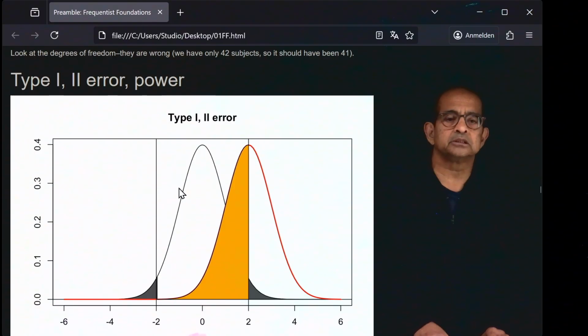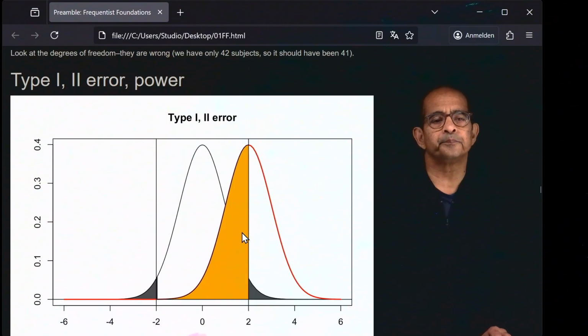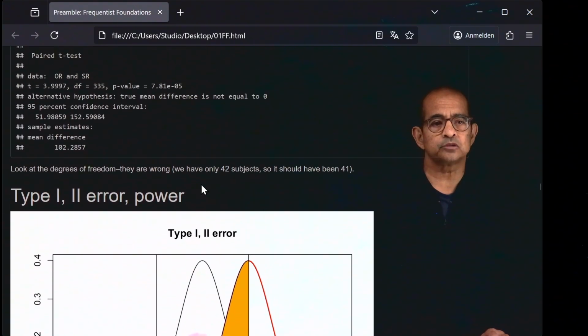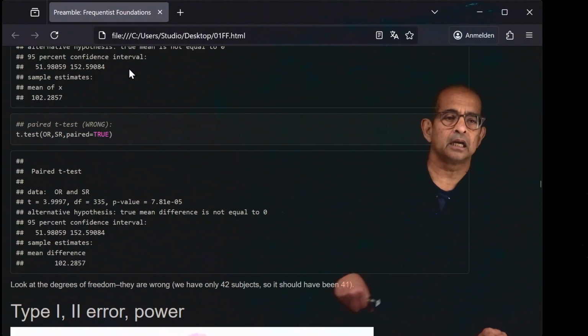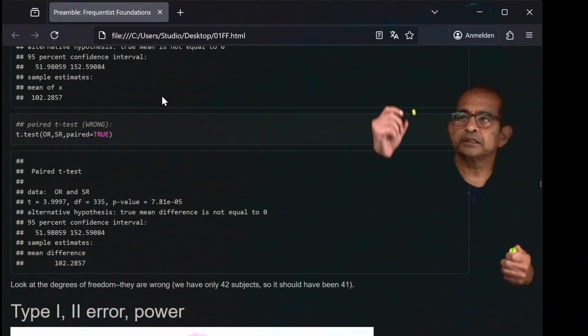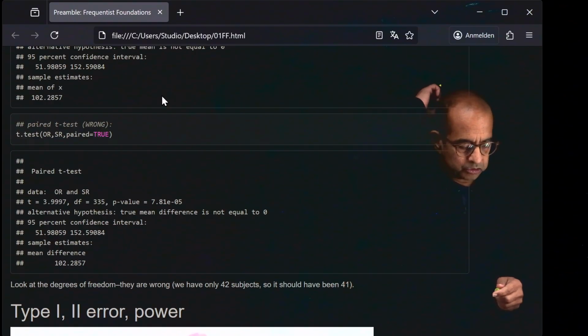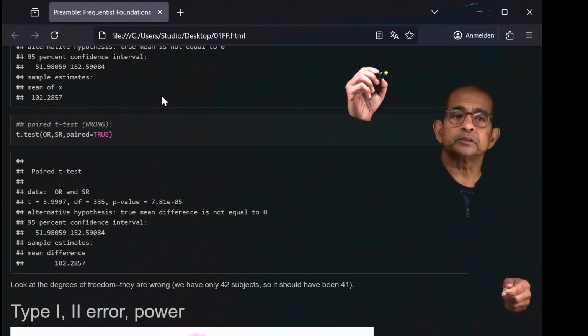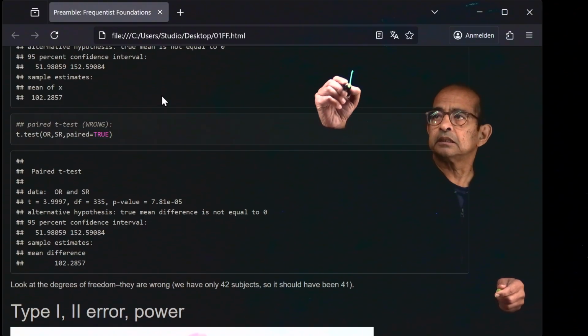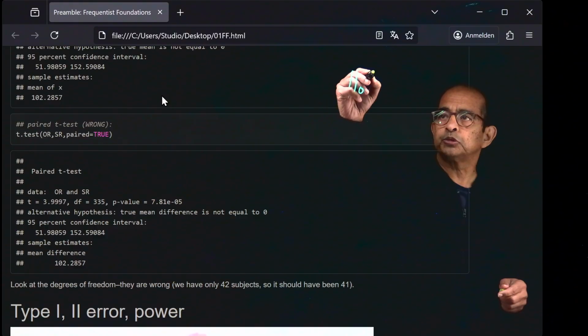So now I just want to quickly talk about the situation where the null hypothesis is in fact false. Let's try to build a little matrix here to represent what could happen. One possible thing that can happen is that the null hypothesis might be true.